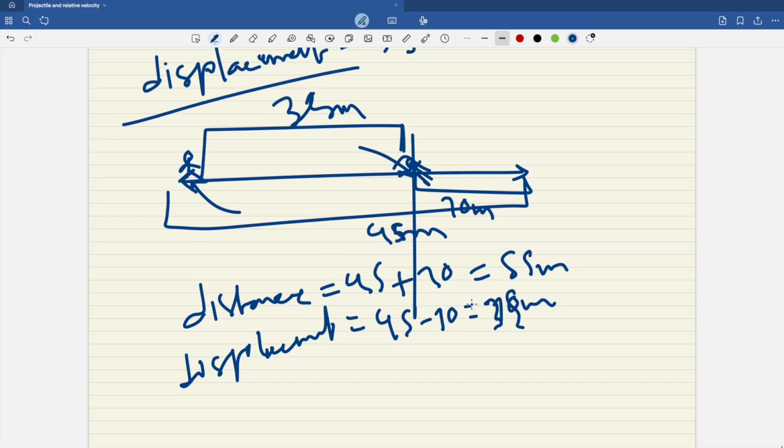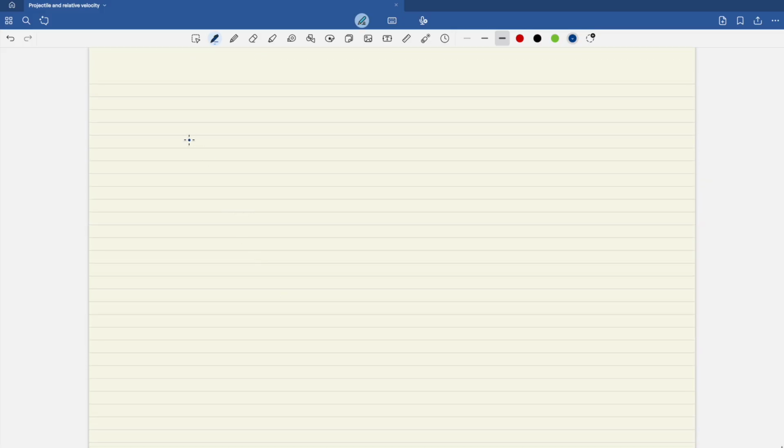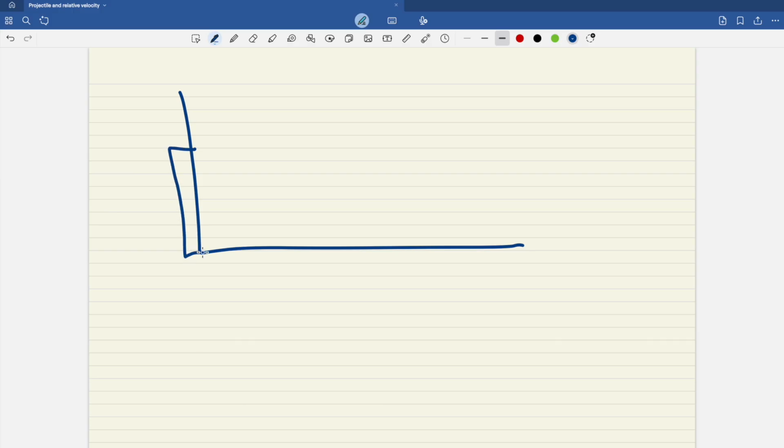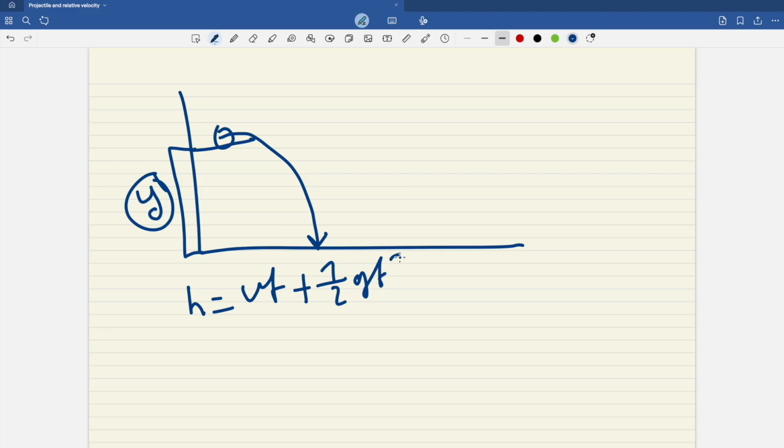Now for projectile motion, if there is an object being thrown from a certain height, let's consider it as y. If it's being thrown from a certain height, then we know that h is equal to ut plus half g t square, right?